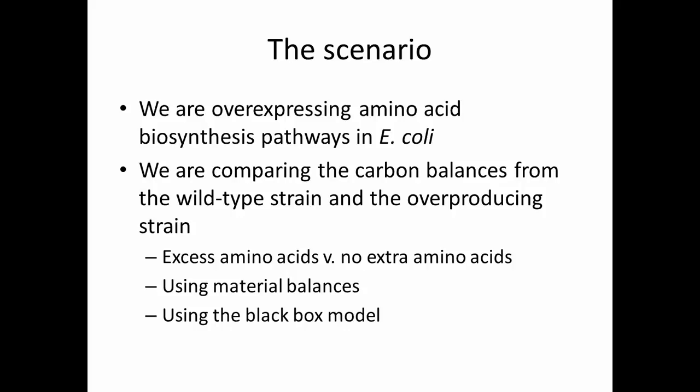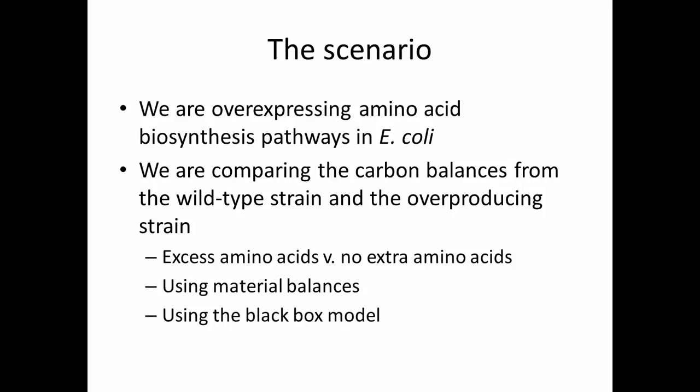Okay, so the scenario that we will deal with on Wednesday is that we're looking at two strains of E. coli, one that overexpresses these aromatic amino acid biosynthesis pathways and produces a lot of these aromatic amino acids. And we will compare carbon balances from the wild type strain and the overproducing strain.